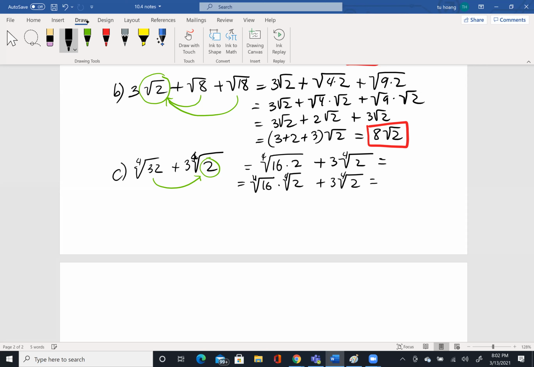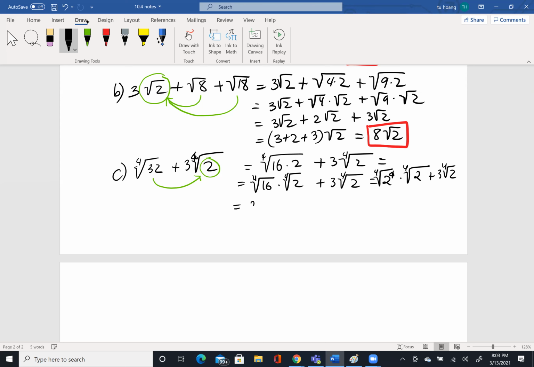Now 4th root of 16, you know that it's going to be equal to 2, because I'm just going to rewrite it as 4th root of 2 to the power 4 here, so people can know. Multiply 4th root of 2 plus 3 4th root of 2 again.